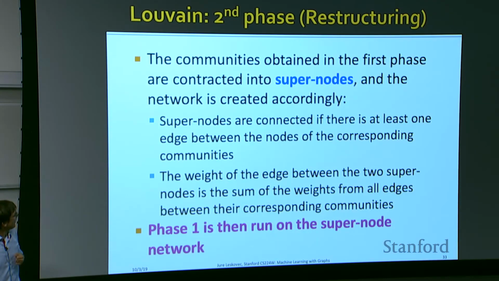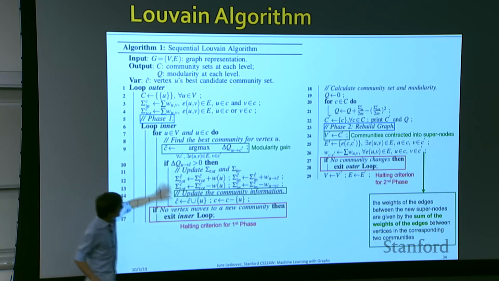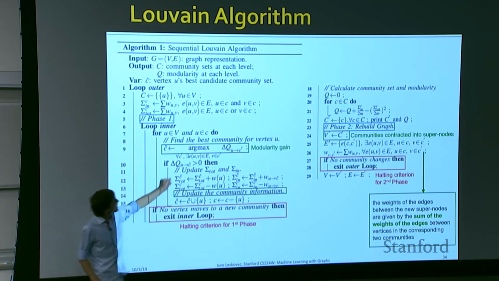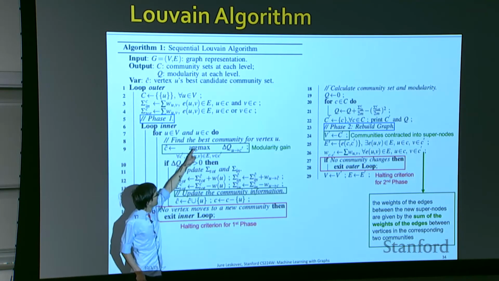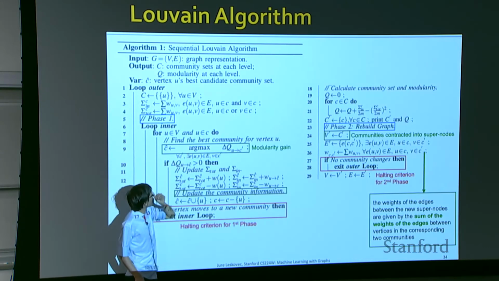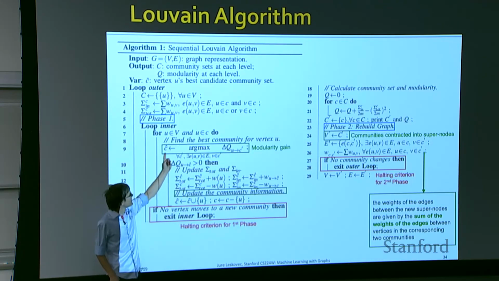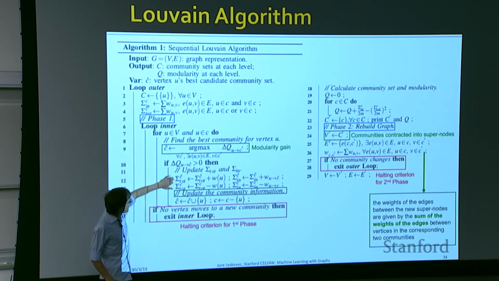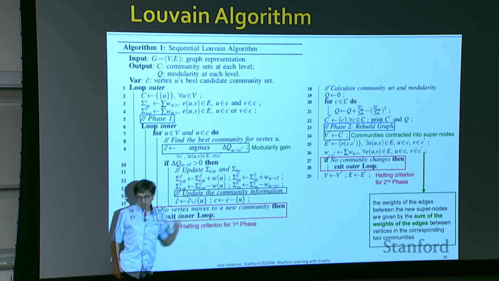Okay? To be even more precise, I have the pseudocode for the algorithm, where this is phase one and that is phase two. Essentially in phase one, all I do is, for every node, I go and ask what is the best way to take node U and move it into some community C. I ask what is the best community to move it to when I go across the neighbors, and then if that's the case, I update these summations so that my modularity computation can be done very fast.